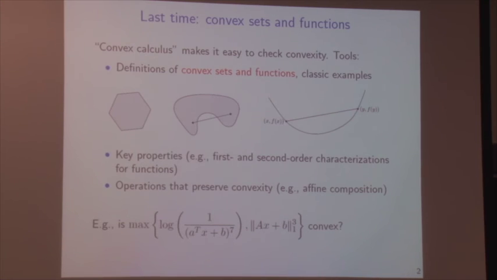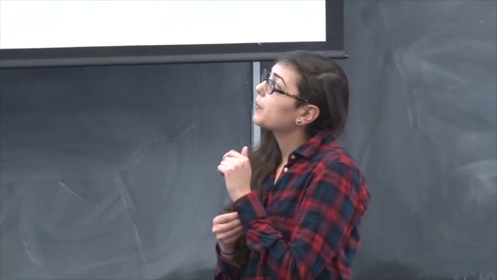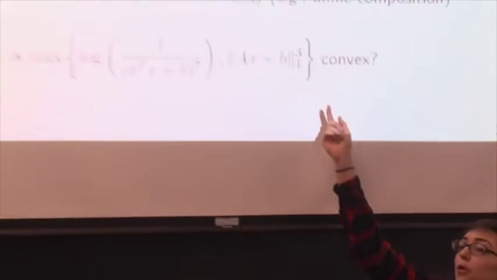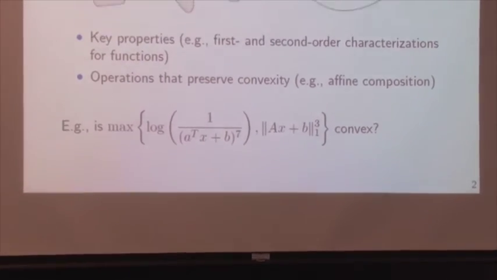But I know from Piazza that some of you want to be really careful. Would there need to be any conditions on A transpose X plus B? Like it needs to be greater than 1 or something like that? No, because this guy inside is convex, and then over positive values, cube is going to be convex.